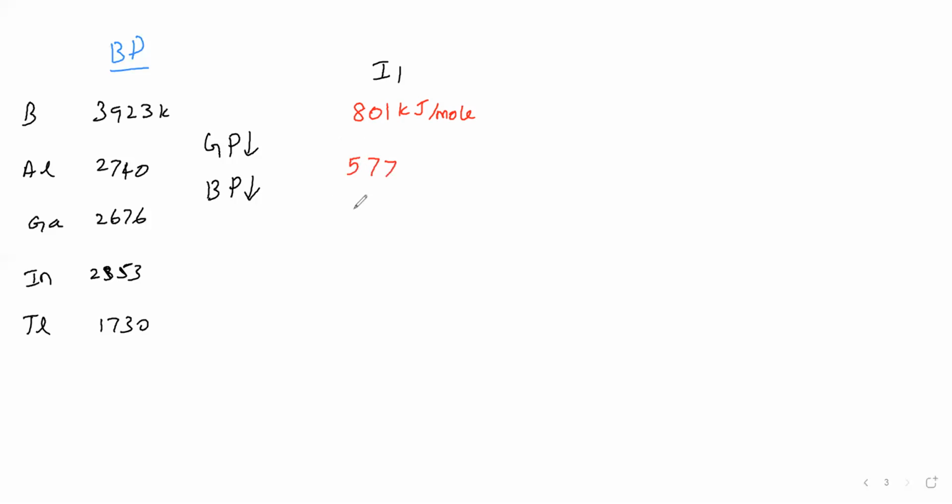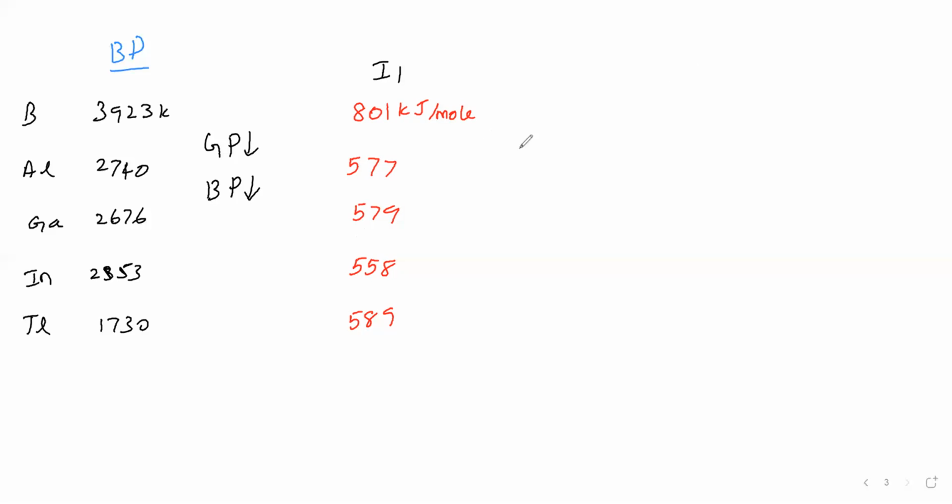Then gallium 579. Then indium 558. Then thallium 589. So down the group, what happens to the first ionization energy?